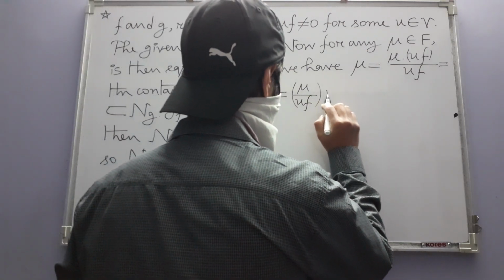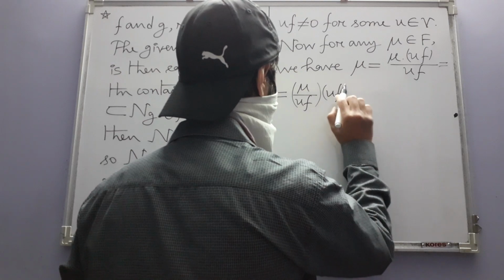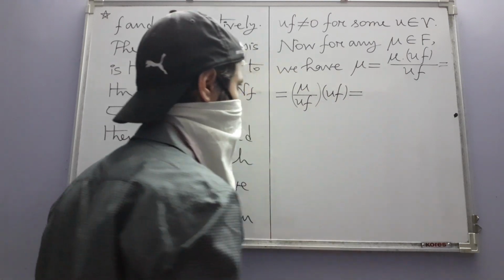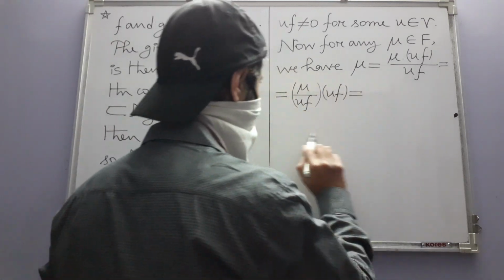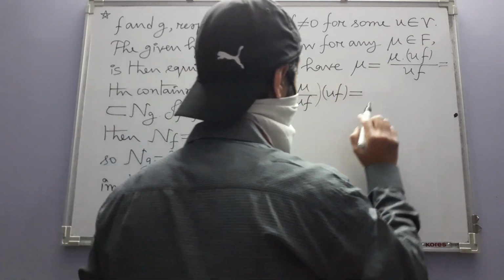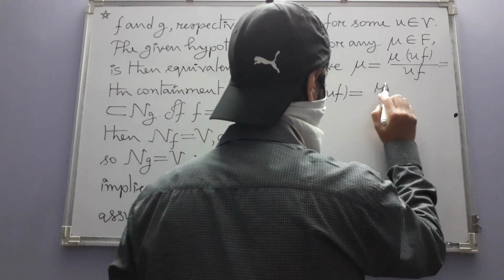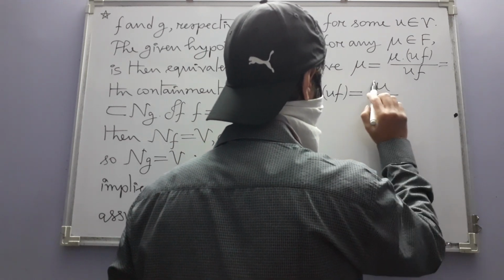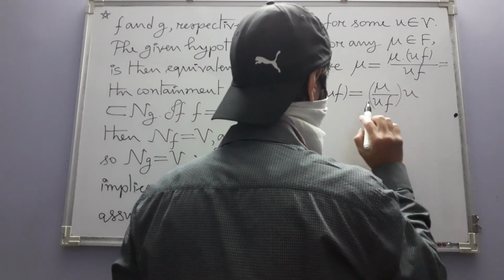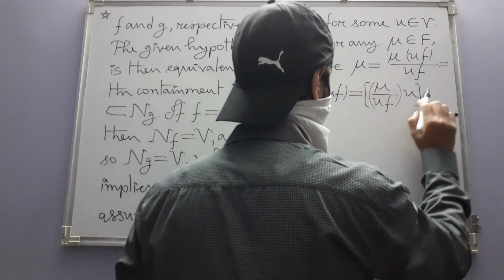You will see why. Times uF. Now this product can be written like this. See if you get it. Divided by uF, uF.